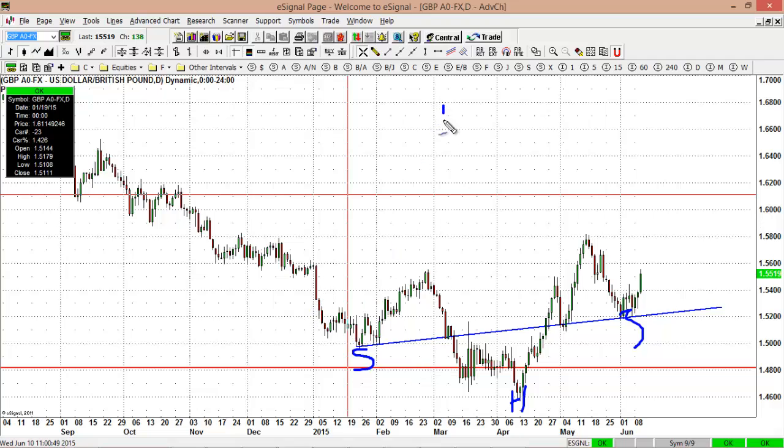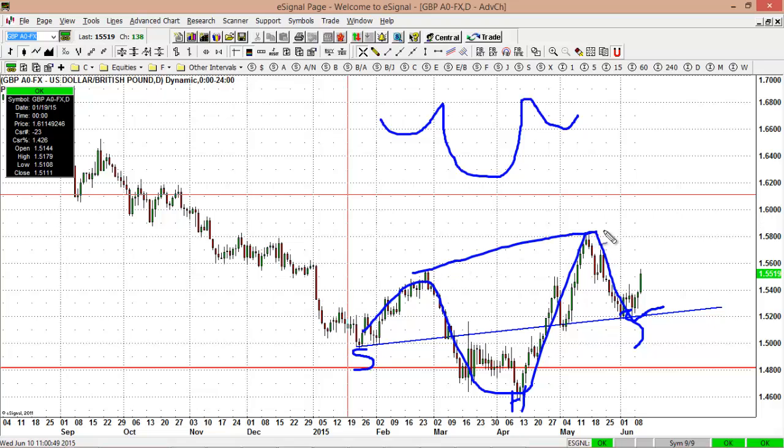Now, typically the head and shoulders is drawn like this, and it's flat. But there are sometimes where you could have a slanted head and shoulders pattern, as you can see here. Left shoulder, head, right shoulder. So what we are looking for with the British pound is to see if we can close above this neckline.